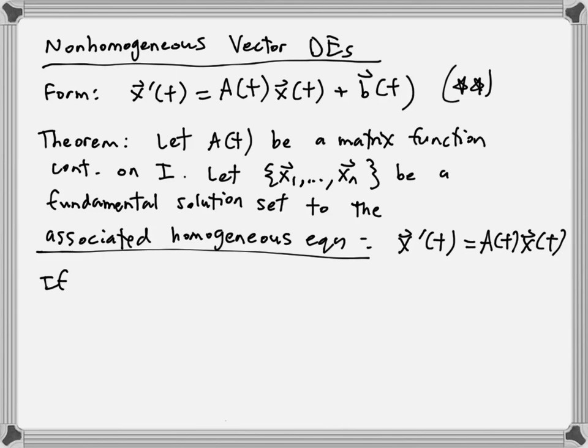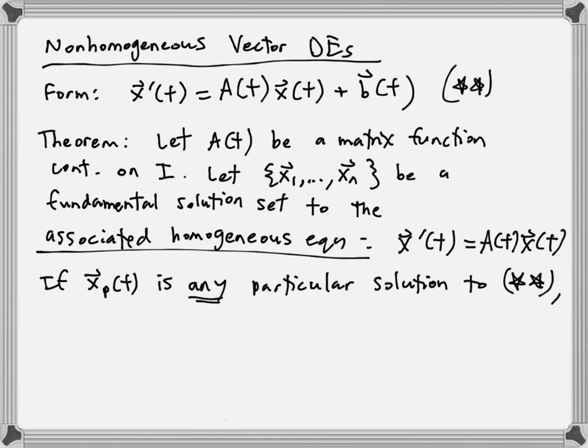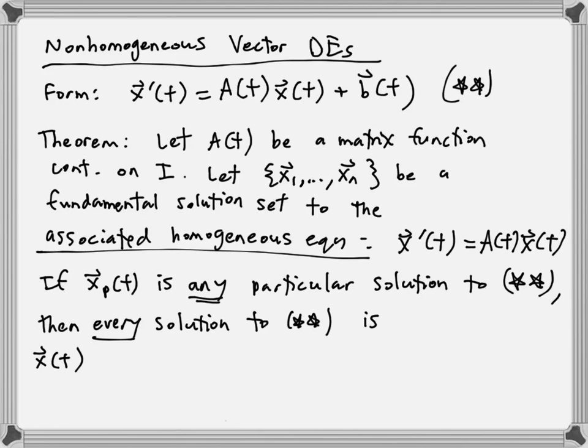Then, if xp of t is any particular solution to star star, so let's suppose that we have any particular solution to star star, then every solution to star star is x of t is going to equal c1 x1 of t plus all the way to cn xn of t plus xp of t.